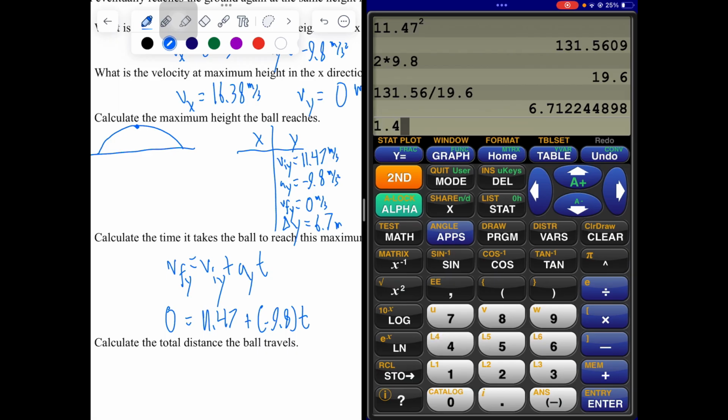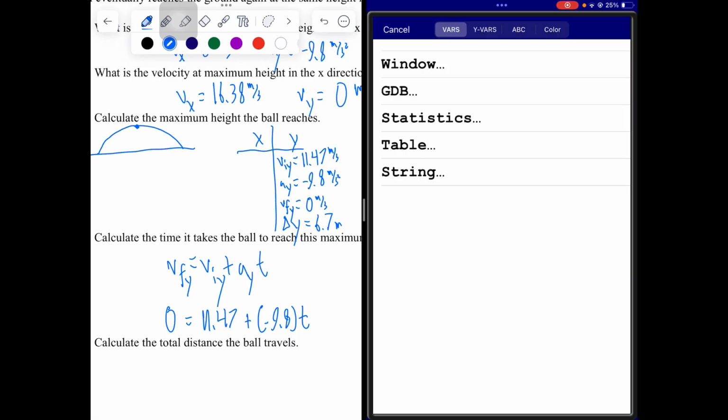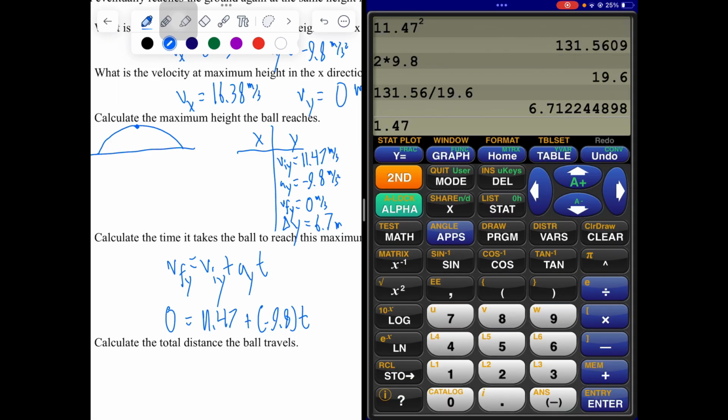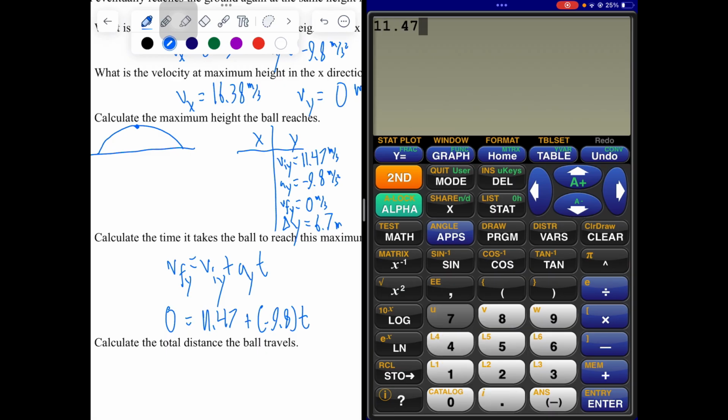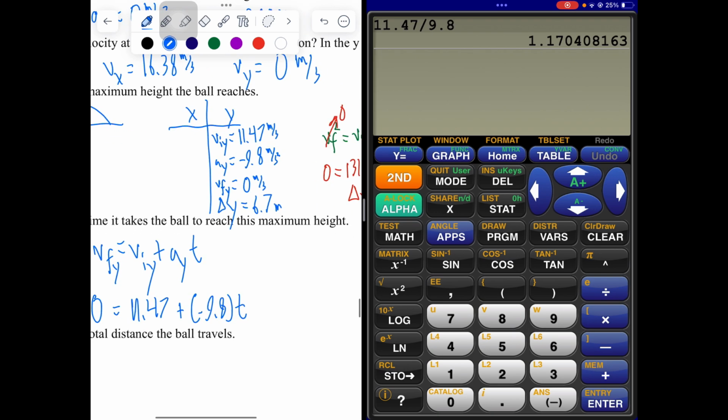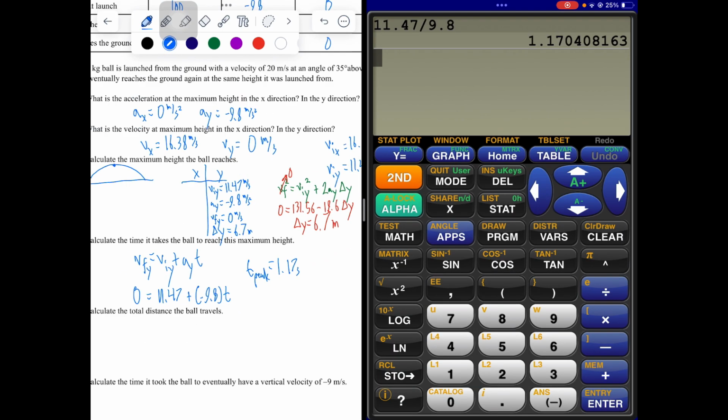This will be 11.47 divided by 9.8. Our time to the peak is 1.17 seconds.